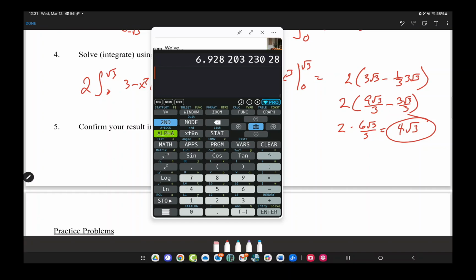If you type in 4 square root 3, you get the same answer. So yeah, it does work.